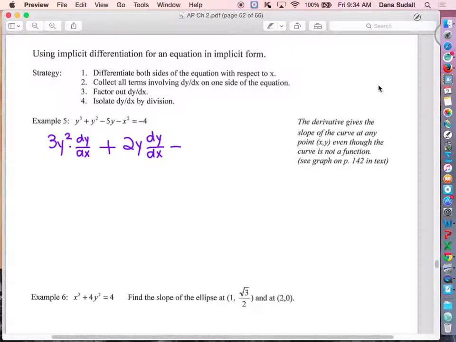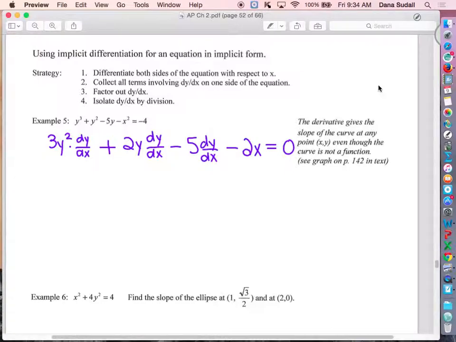Minus 5y, so the derivative would be minus 5 dy over dx. Minus x squared, the derivative of x squared would be 2x. I could put dx over dx with it, but that's just equal to 1, so I'm just going to leave it as 2x. And then the derivative of negative 4 is 0.